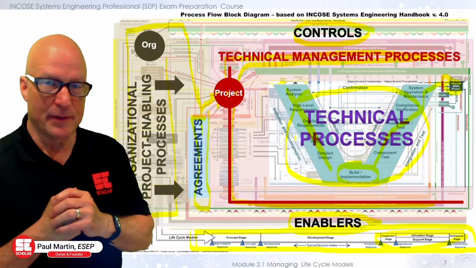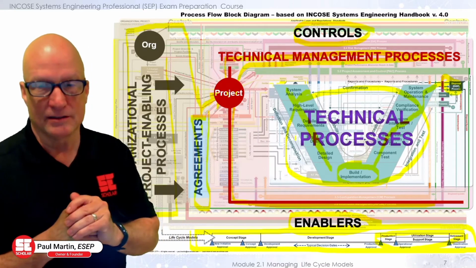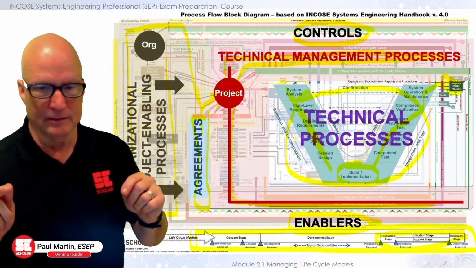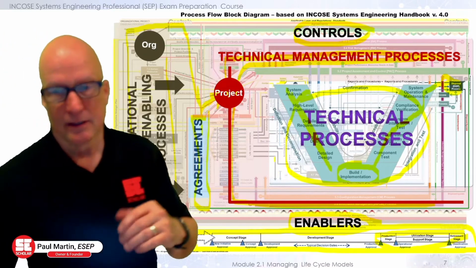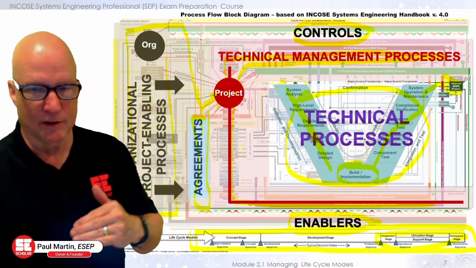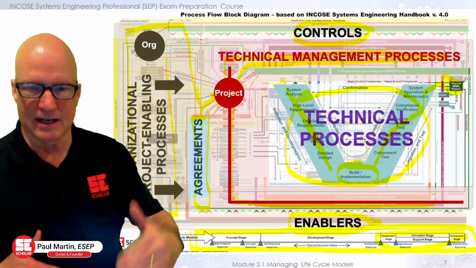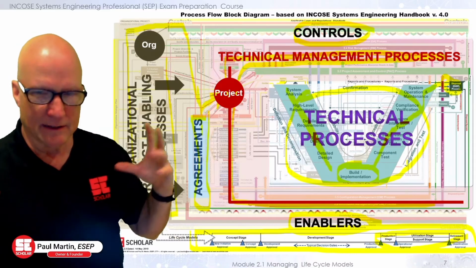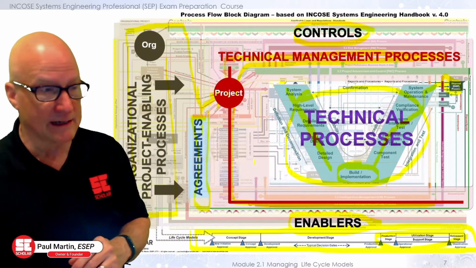And I did my best that if you study the chart in depth, I actually did put every input and output. Now, there are some things that are hard to depict when they're coming in from everywhere, especially the controls and enablers. And I just kind of show them floating there. And they are part of the program and part of every process.